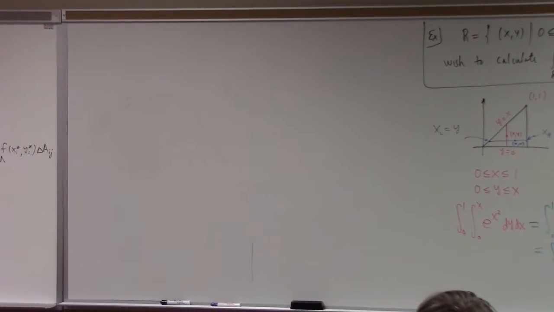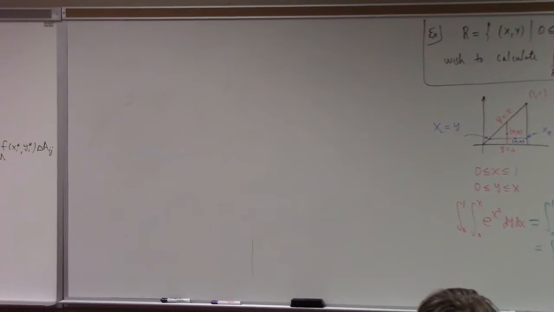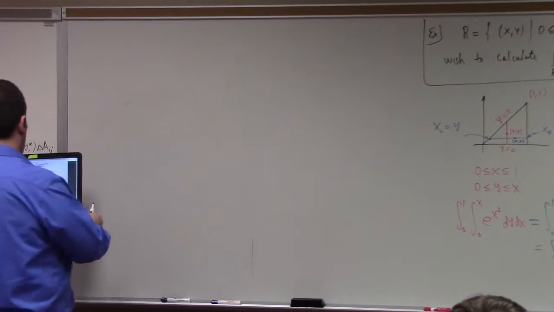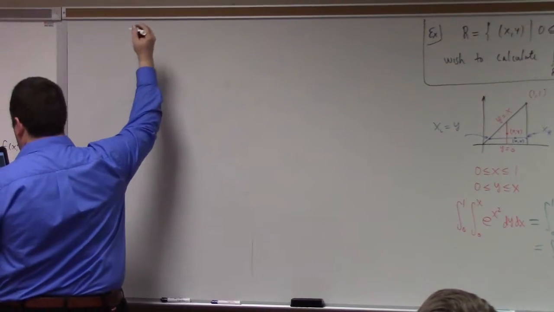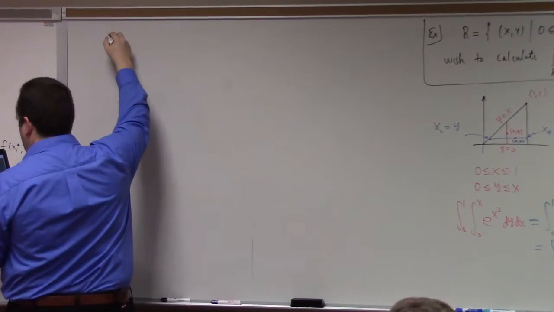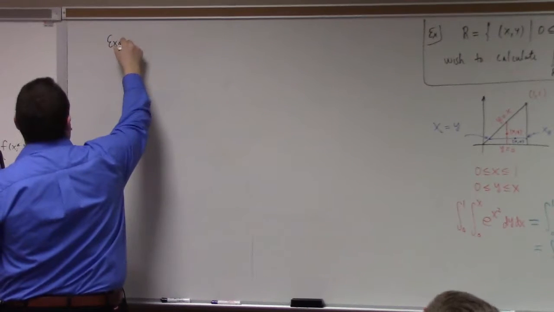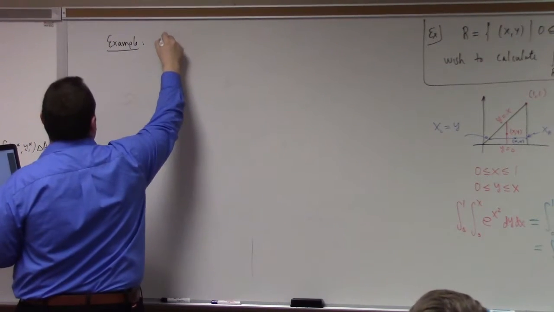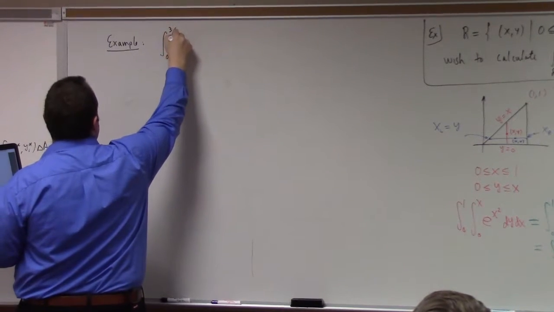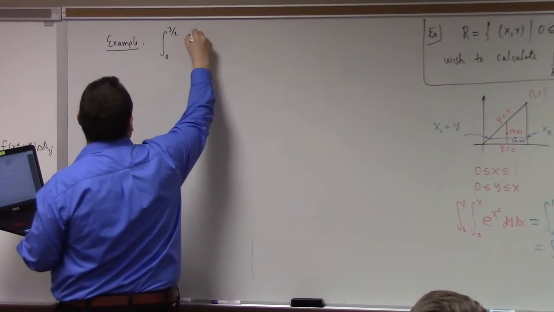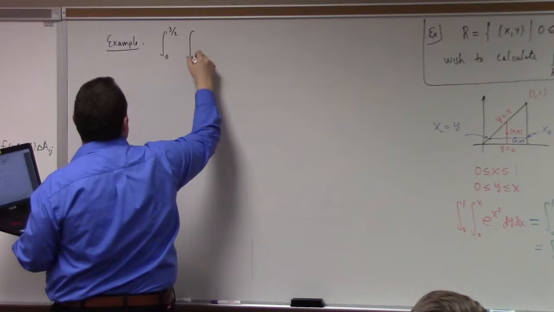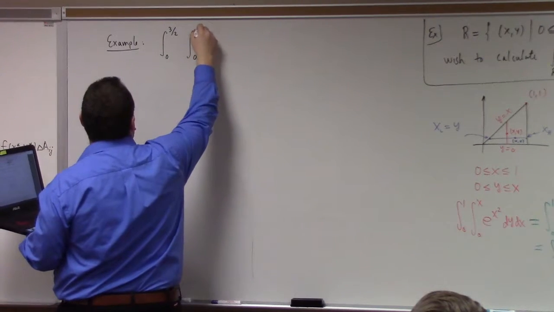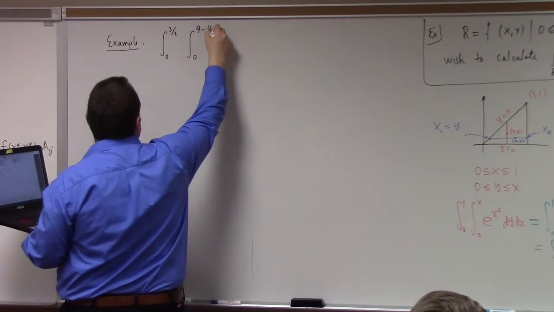So suppose we have the region, well, this is just an example. So integrate from 0 to, actually, I'll do this one a little bit backwards. I'm going to ask the question, what is the region, let me just write it and then I'll pose the question. So here's the integral.